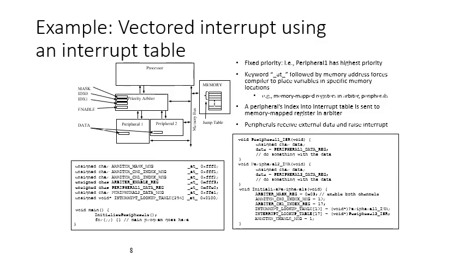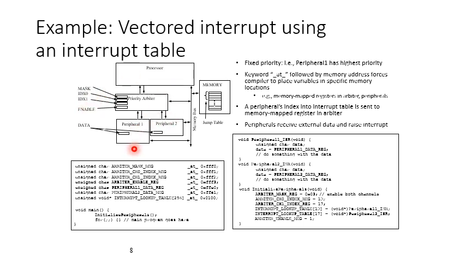So in this slide we are going to talk about the vector interrupt using an interrupt table. This is similar to the one that I've already told you. We have a processor and a priority arbiter with these signals: mask, RDX0, RDX1, and then the enable signal.